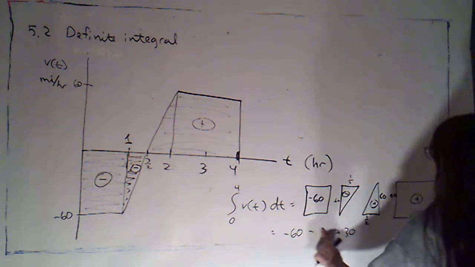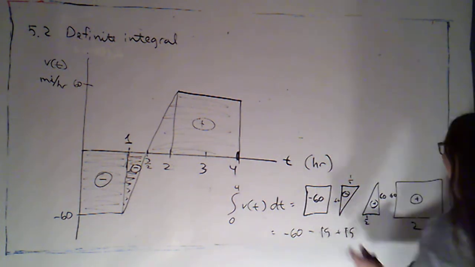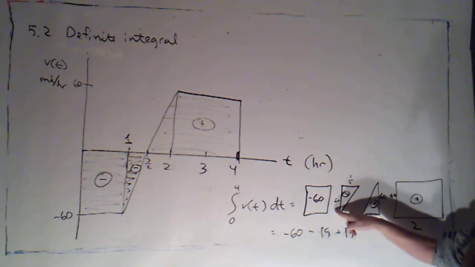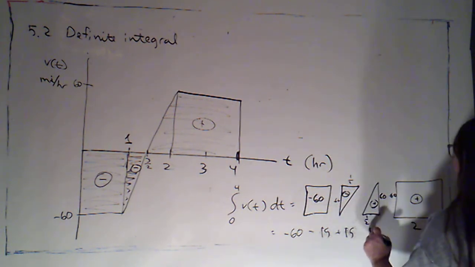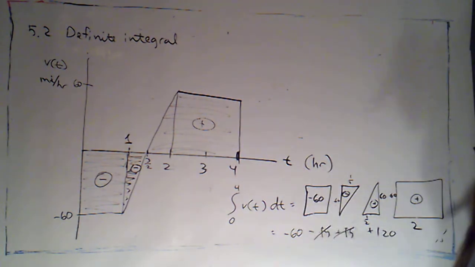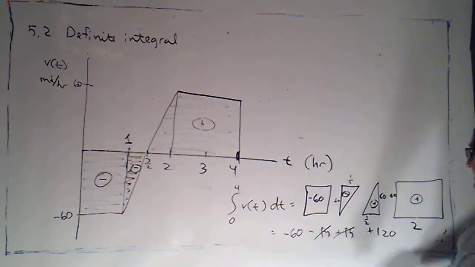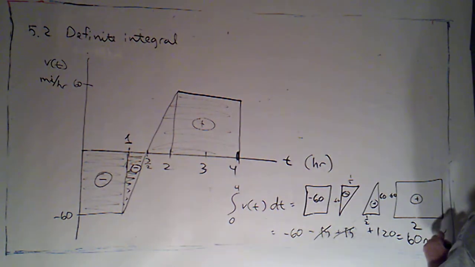I'm sorry, not minus 30 plus 30. Minus 15 plus 15, because the area here would be 1/2 of the base times the height. Base times height is negative 30, half of that is negative 15. Plus 15 plus 120. So the 15 and the negative 15 cancel out. This positive area cancels out that negative area. Negative 60 plus 120 is going to be 60 miles.